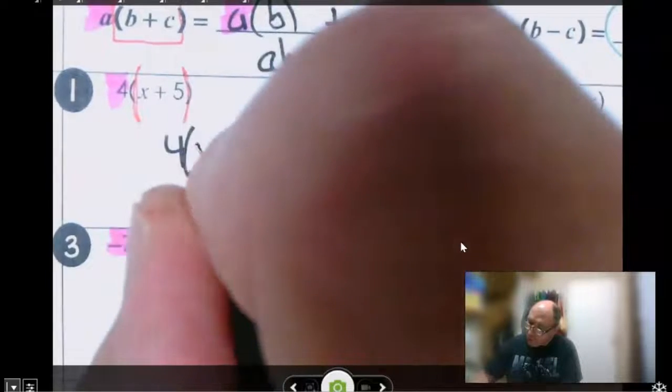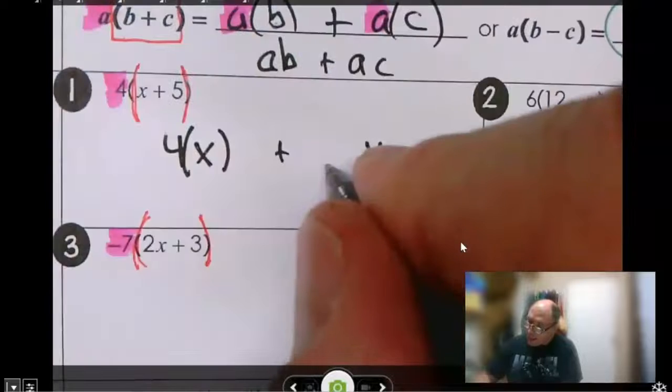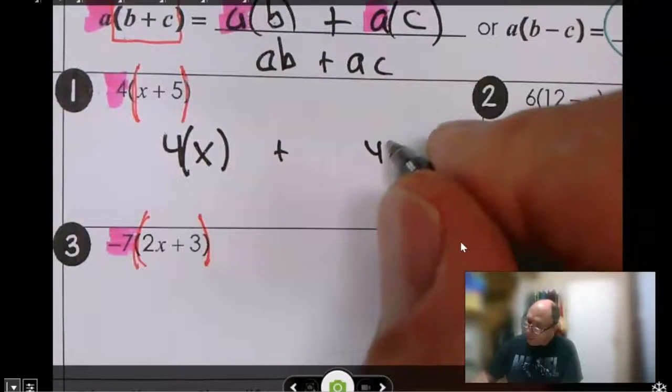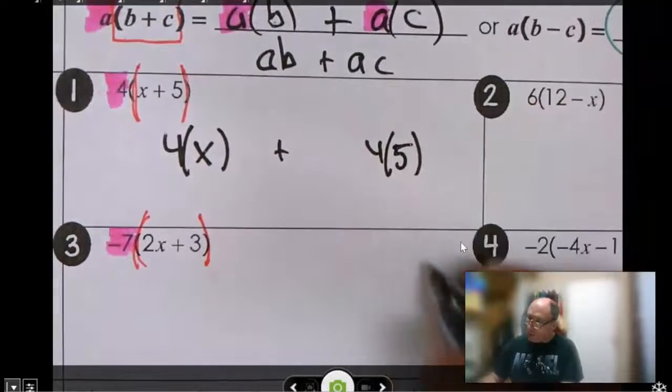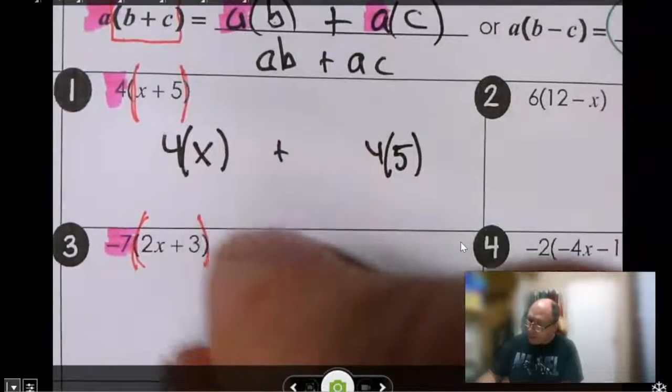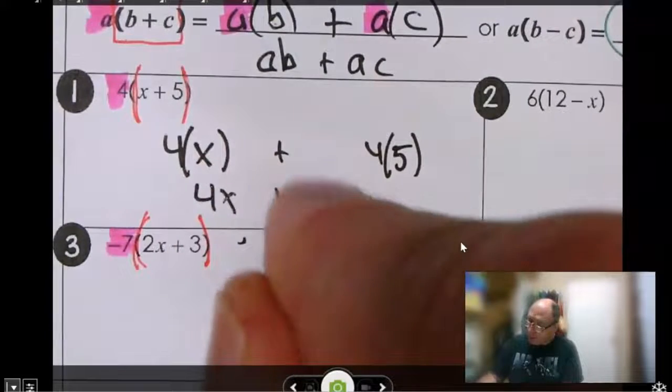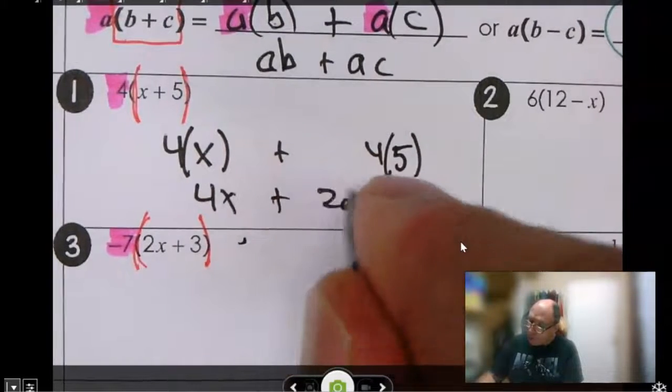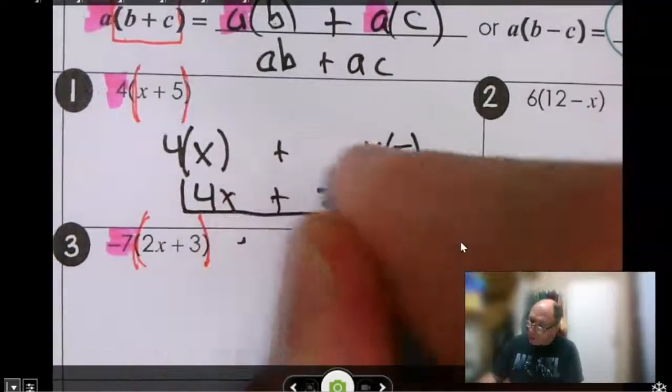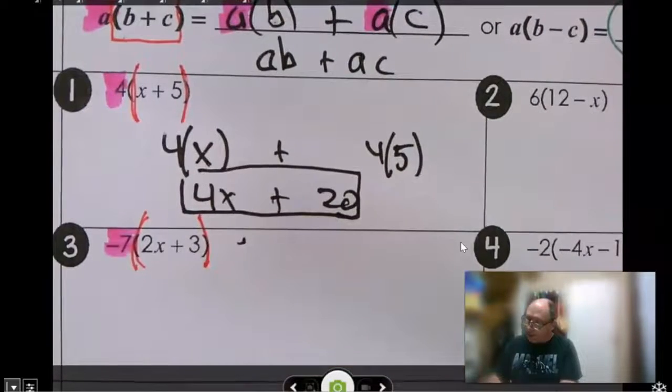I'm frosting the cake, and I'm frosting the muffin. 4 times x is 4x, and 4 times 5 is 20, and that would be my answer here.